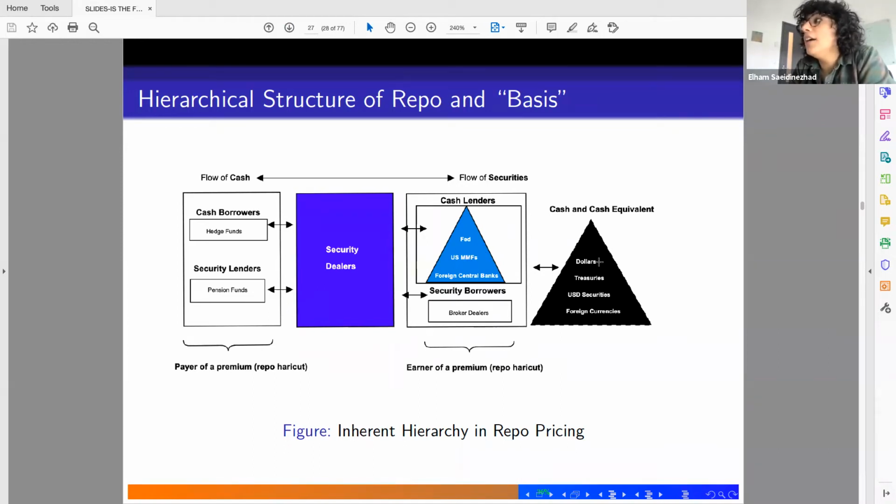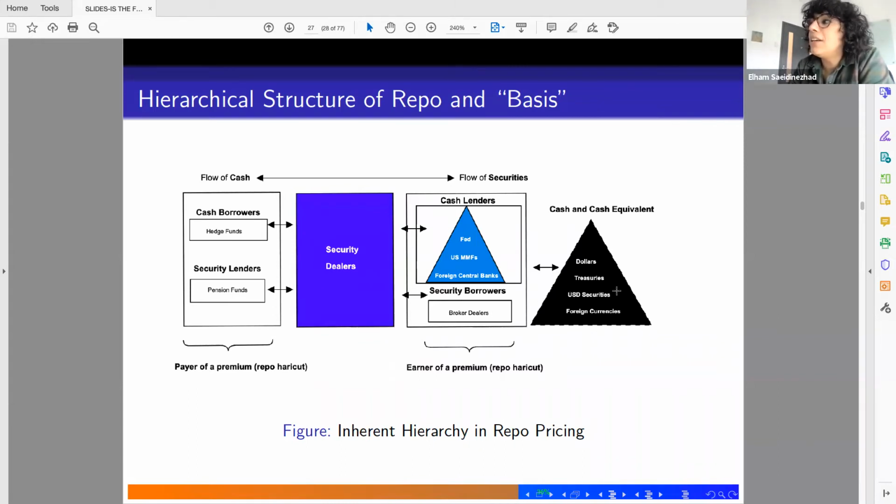The US dollar, both in terms of instrument and in terms of the currency, is the best form of financial asset, let's say. At the second layer of the hierarchy, we have US Treasuries. A US Treasury, in terms of instrument, is still the promise to pay US dollars, but in terms of the currency, it is denominated in US currency, which is the world's vehicle currency. So in that regard, we have US Treasuries as the second layer of this hierarchy.